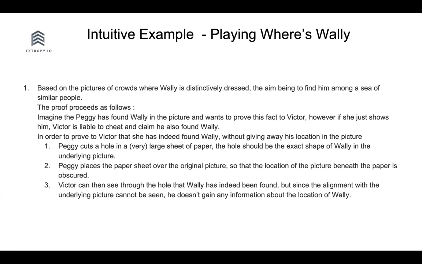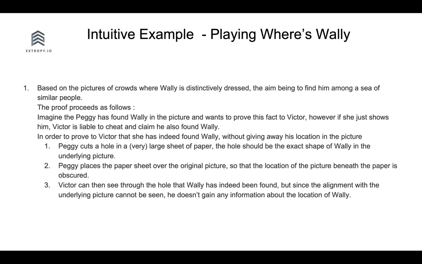And if you imagine that you're playing this with someone, but this person you're playing with is inclined to cheat, and you know that if you point out the fact that you found Wally in the picture, they will say that, oh yes, they knew that's where Wally was all along. So what you would like to do is to prove to them that you know where Wally is without giving away the actual location of Wally.